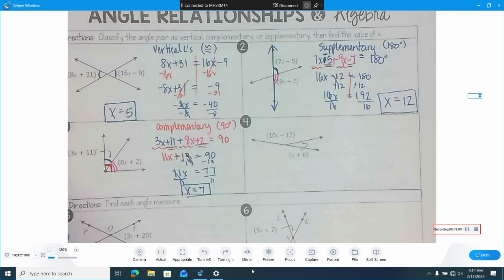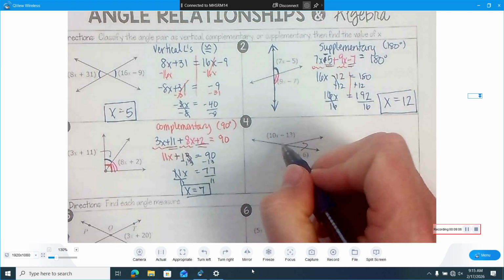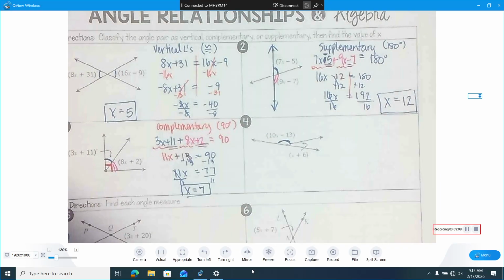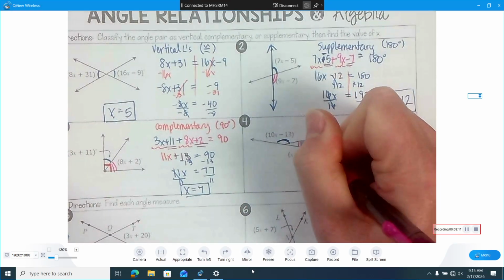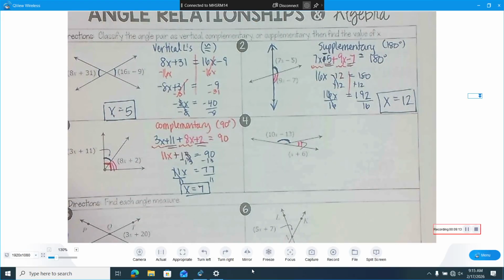Number 4. What kind of angles are those in number 4? I have this like 10x minus 13 angle, and I have this x plus 6 angle. What should we do with that? What kind of angles are those? Adjacent? I heard adjacent.